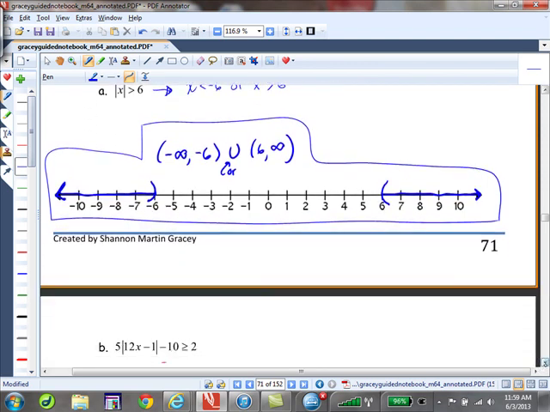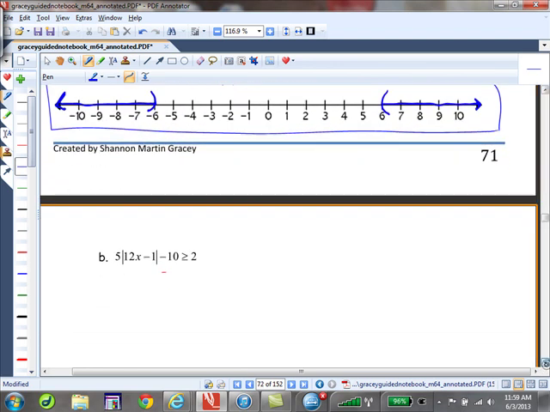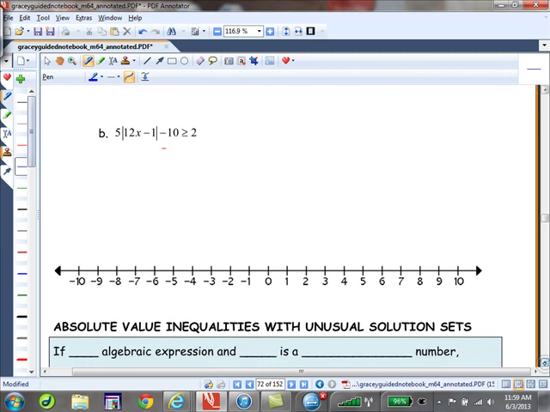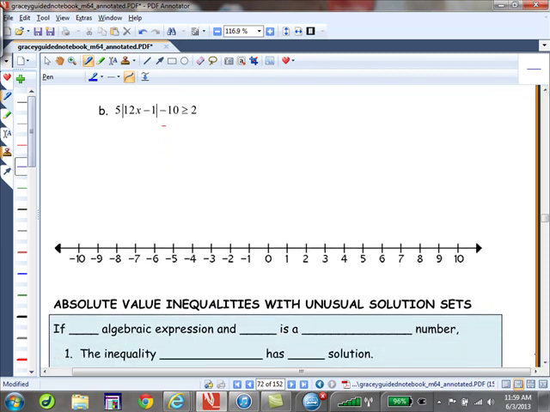Okay, so next up we've got one that's a little bit more complicated. So first of all, we are going to need to add 10 to both sides in order to start isolating the absolute value. This will give us 5 times the absolute value of 12x minus 1 is greater than or equal to 12.